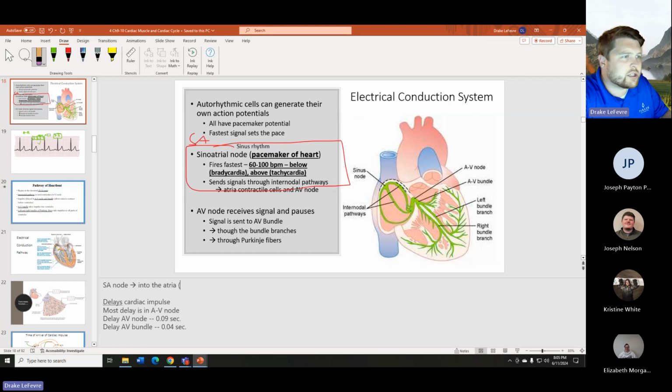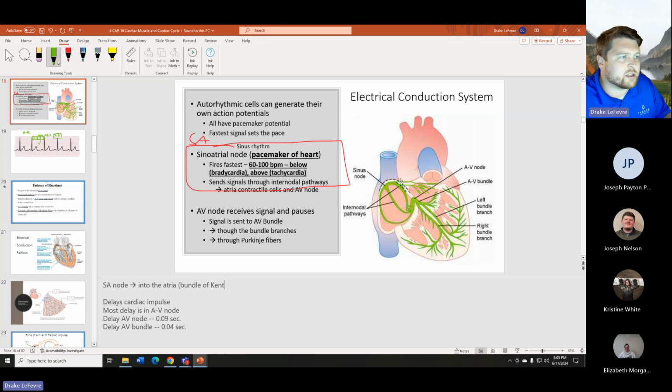From what I understand, Dr. Tate does not test on this, but every other teacher before him has. So in case he does, there's a specific bundle that goes from the SA node in the right atria over to the left atria to make sure that the signal gets passed at the same time. And that's called the bundle of Kent. What was that? I thought it was bundle of His, my bad. No, different bundle.